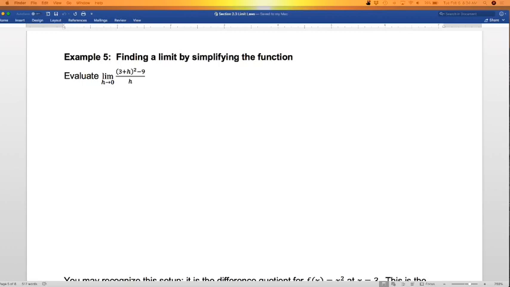Now, the reason we can't directly substitute 0 in, we can't use the direct substitution property, is that 0 is not a part of that domain. That function is not defined when h equals 0 because we'd have a 0 in the denominator. So we have to use a different approach. We want to simplify the function. Basically, what we're looking for is a way to remove that h from the denominator.